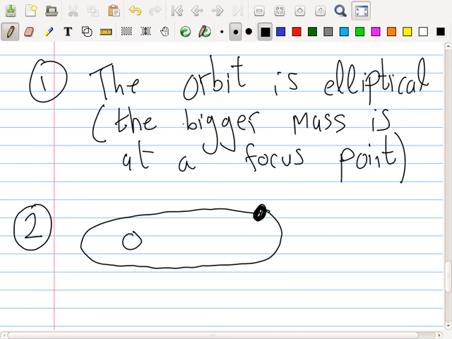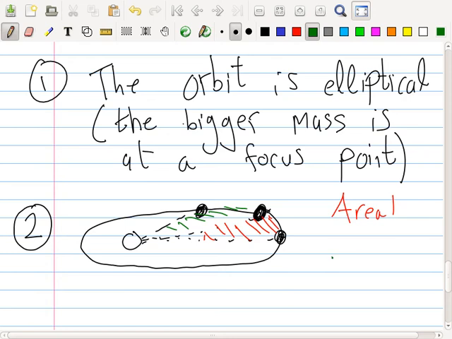So this could be a planet very far away. Let me just color this in. I'll call this piece here red, and this one here green. So the red one is area 1, and the green one is area 2.